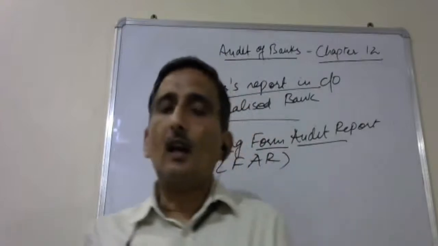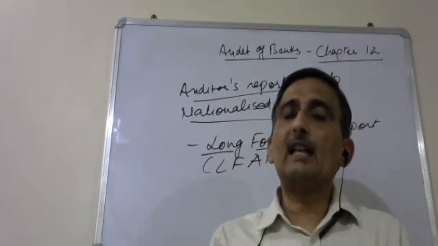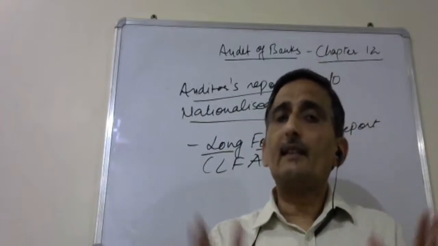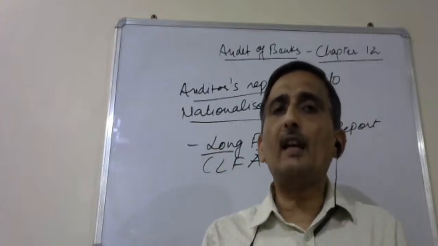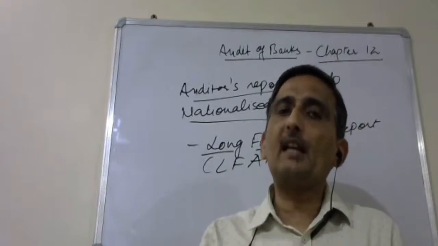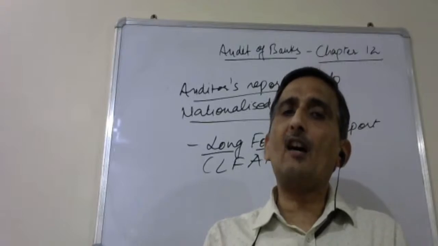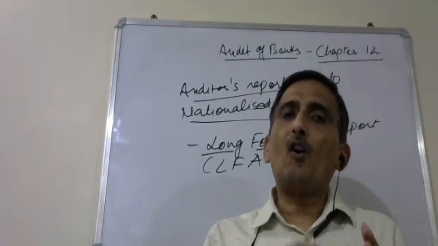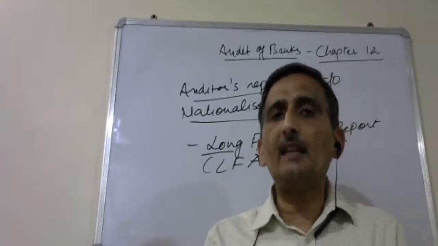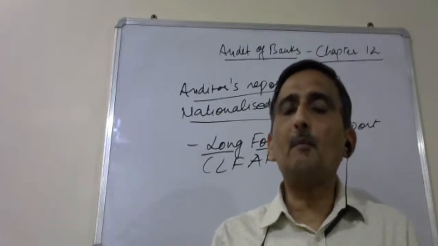Okay, and also you have understood in the disqualifications of auditor in Companies Act that a statutory auditor cannot accept internal audit work. So similarly, in case of a bank, if some audit firm is doing internal audit of the bank, then he is not supposed to accept statutory audit assignment.